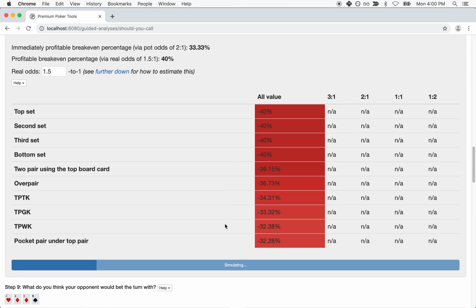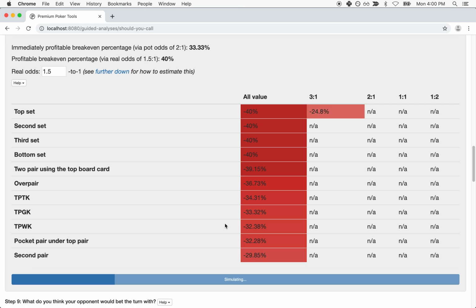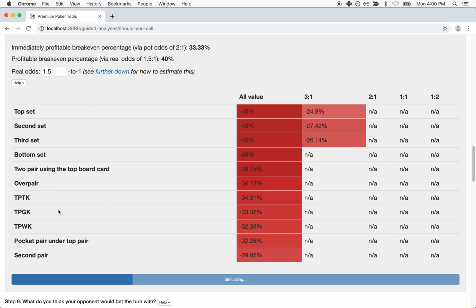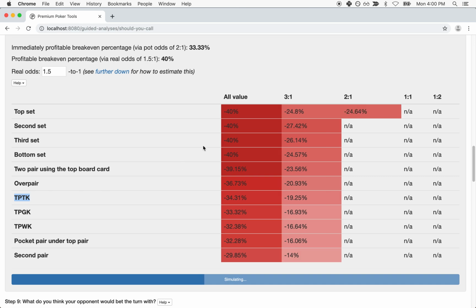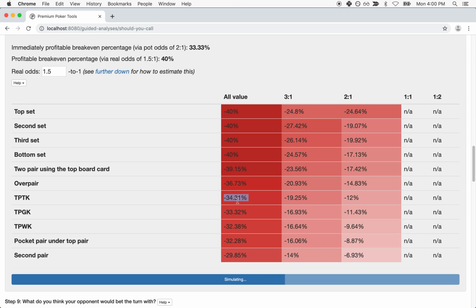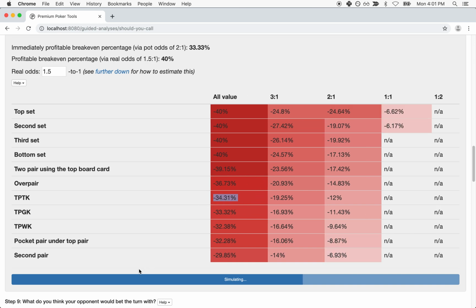This column right here is their value range. This is saying if they bet top pair, top kicker, and better for value, and they're only value betting, then we have like 34.3% less equity than we need.